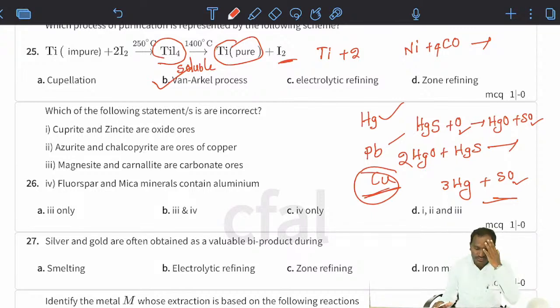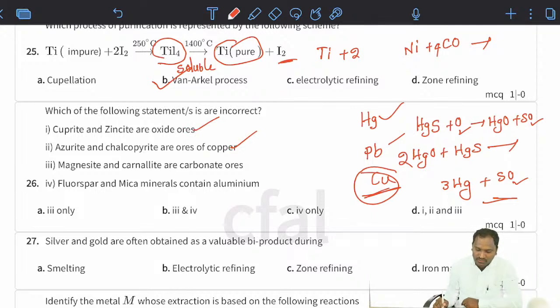Which of the following statements is or are incorrect? My suggestion is, students, just prepare a list of some important ores. Cuprite and zincite, both are oxide ores only, Cu2O and ZnO. Azurite and chalcopyrite are the ores of copper. Yes, CuFeS2 is chalcopyrite ore, azurite ore is Cu(OH)2.2CuCO3, basic copper carbonate. So this one is correct, this one is correct.